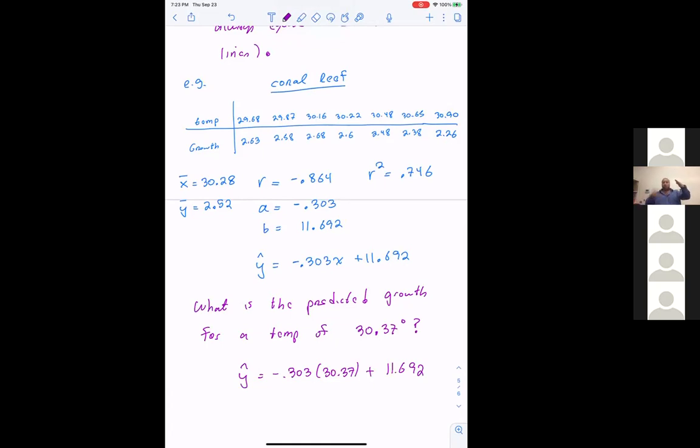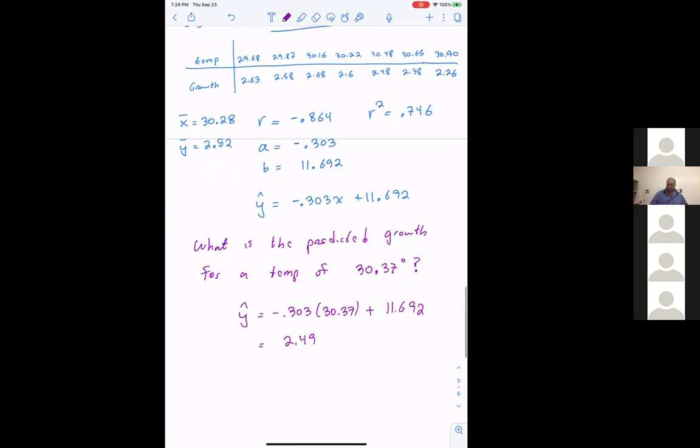So if you give me any other points, this is what I'm going to use. So I get negative 0.0303 times 30.37 plus 11.692. And that tells me that I would get 2.49, whatever the units are. Seems very reasonable, correct? Yes.